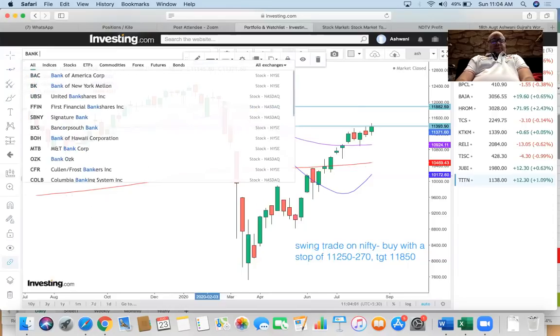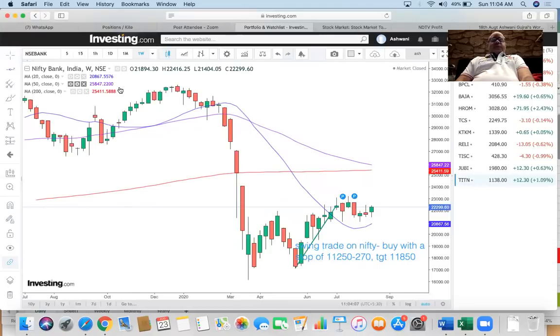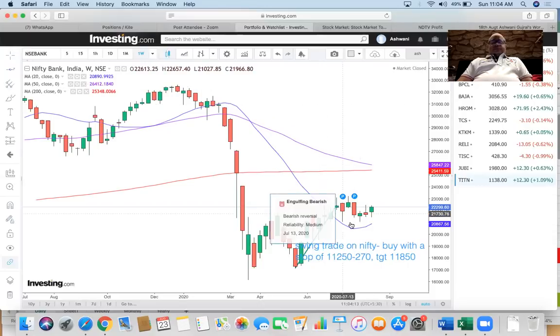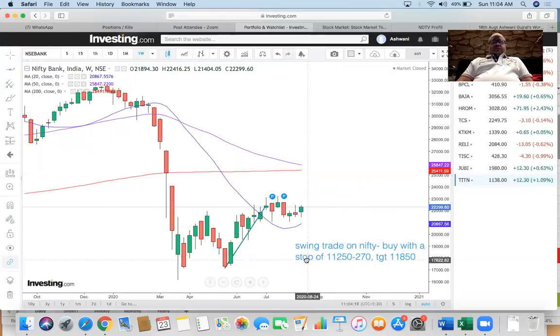Now let's go back to the Nifty Bank. What we want to do is first remove the stuff that we have written here.